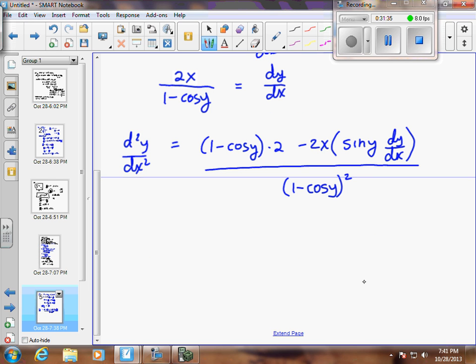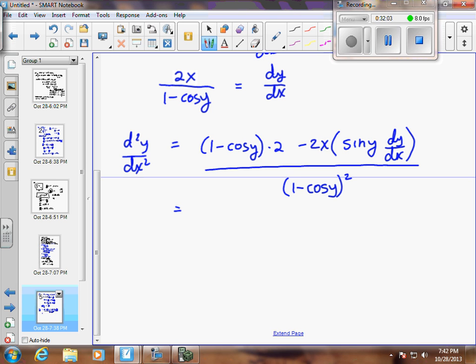Now I'll make it look better. We cannot cancel out the 1 minus cosine y. Who said that? The one in the orange shirt. We cannot cancel out 1 minus cosine of y.